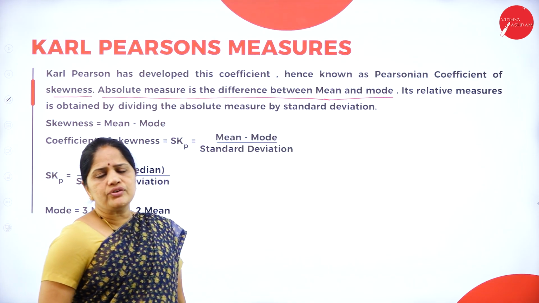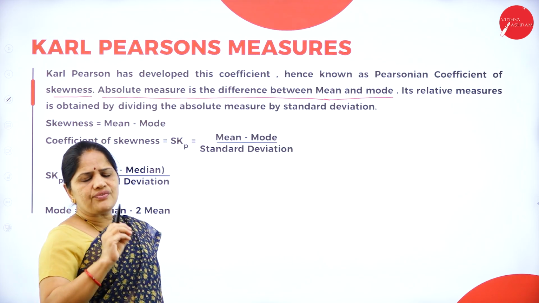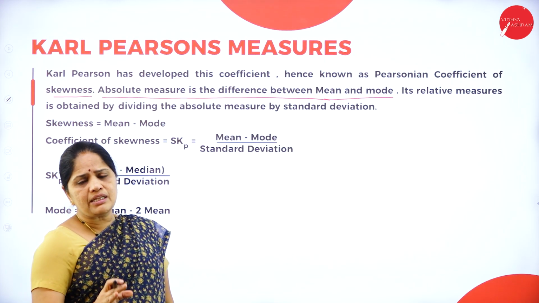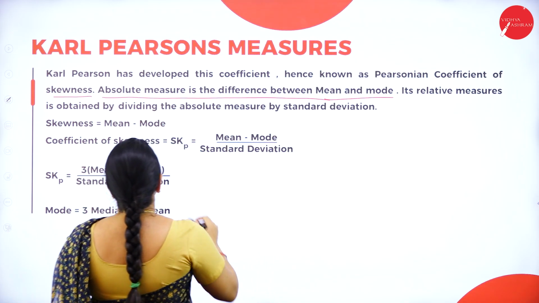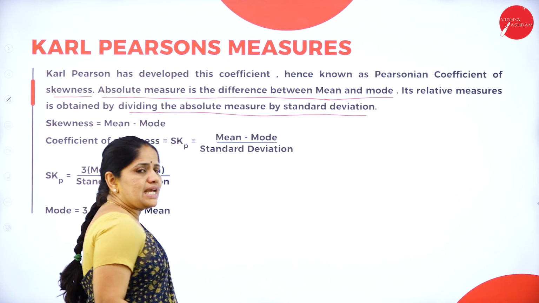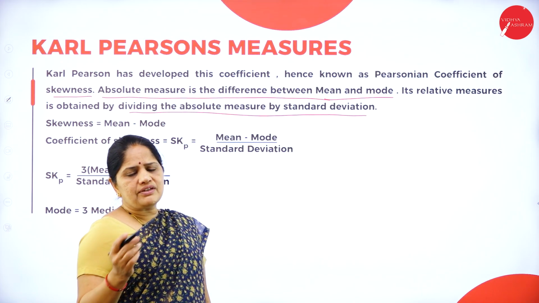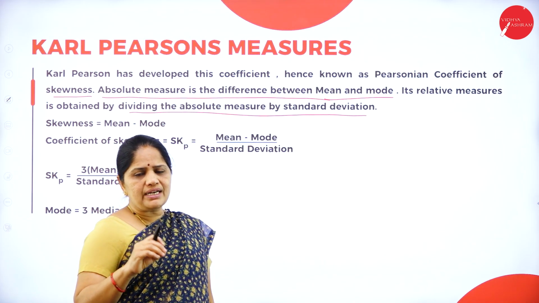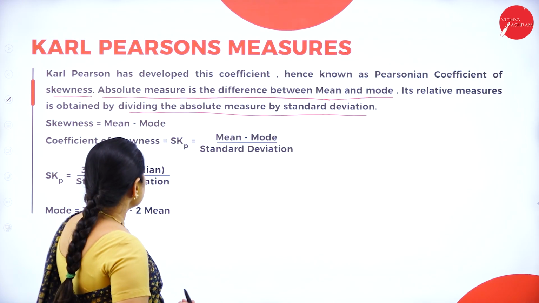When you have to find the value of skewness, you just find the difference between the mean and the mode. Its relative measure is obtained by dividing the absolute measure by the standard deviation. So when you divide the difference between the mean and the mode by the standard deviation, we get the relative measure of skewness.